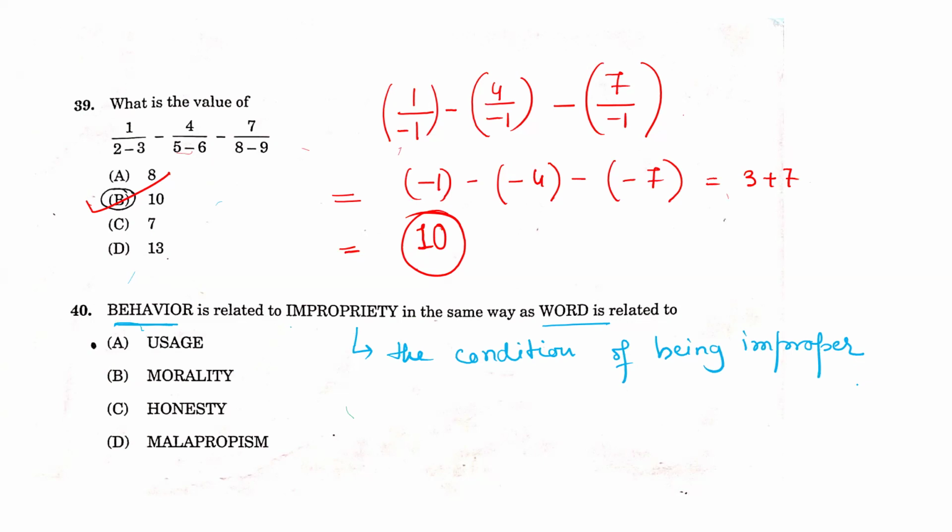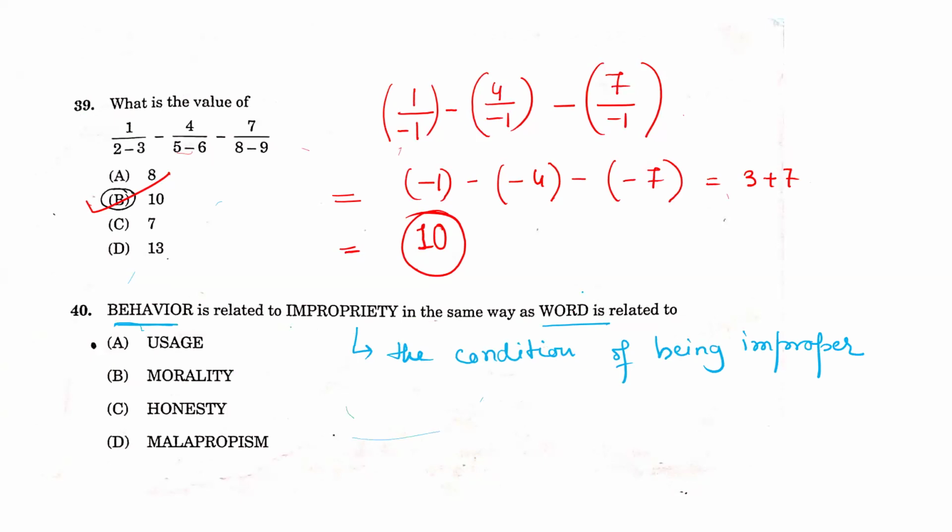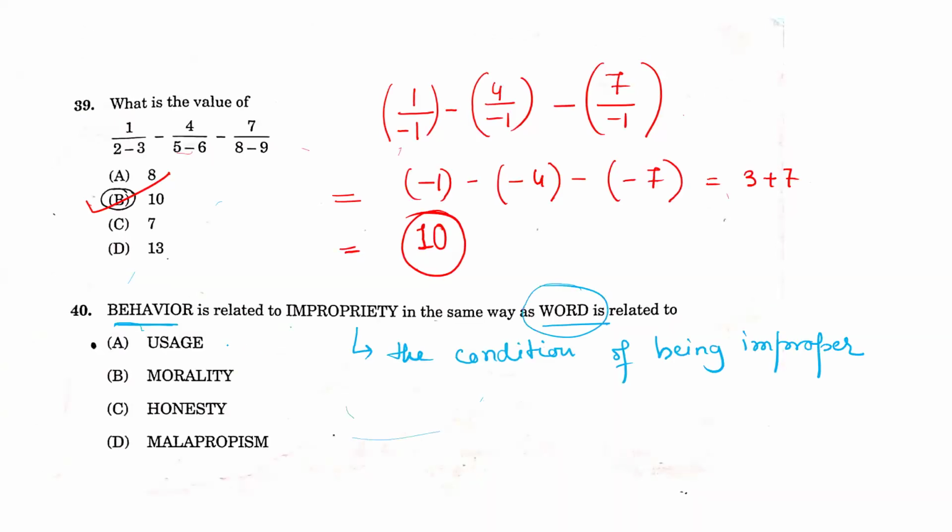So in the same way, how can you relate this word here with these given options? Use, morality, honesty, malapropism. Malapropism is your correct answer. That means what? A word can be used appropriately, a word can be used wrongly. So D becomes your correct answer.